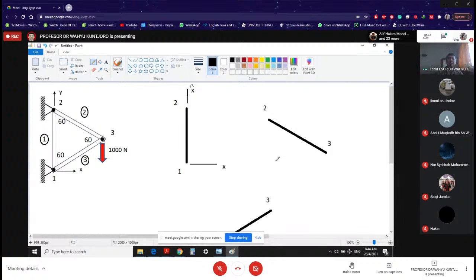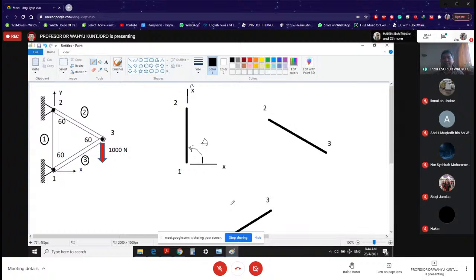Now, as we discussed last week, our orientation angle is measured from x global to x local, which is that one. Then that is our theta. So it is 90 degrees.